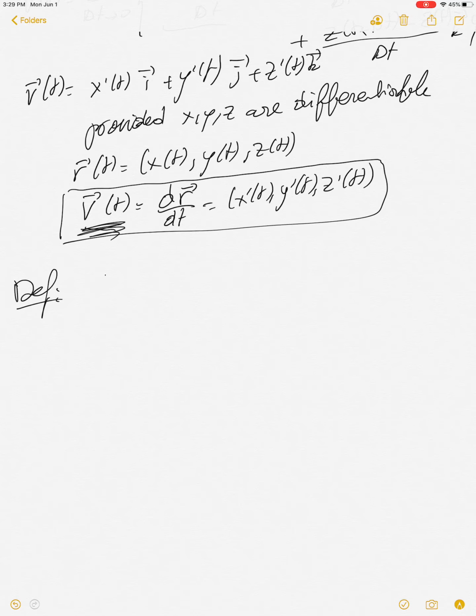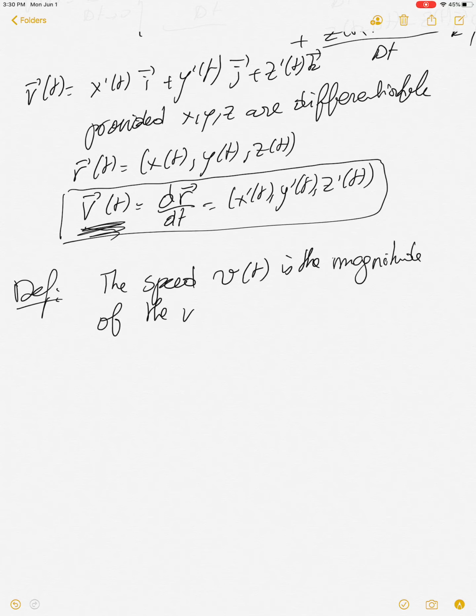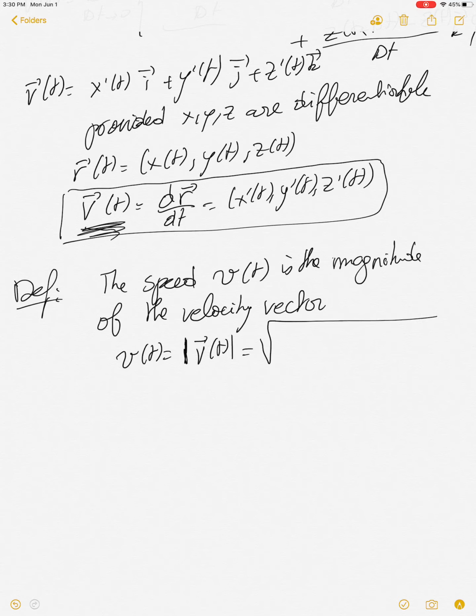Now, definition: what is the speed? The speed v of t is the magnitude of the velocity vector, which means v of t is the modulus of the vector v of t, which is the square root of x prime of t squared plus y prime of t squared plus z prime of t squared.